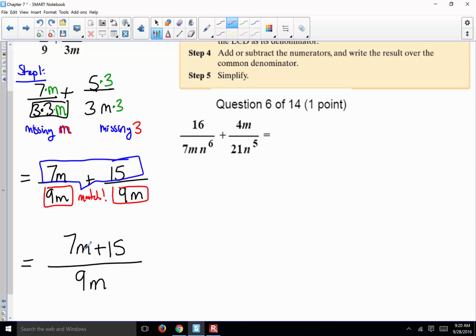Because this 7m is a block together with 15 and the addition sign. Make sure the sign after m is not addition or subtraction. If there is a plus or minus coming before and after what you're supposed to cancel, then you cannot cancel them. It's a block. So this is your final answer.